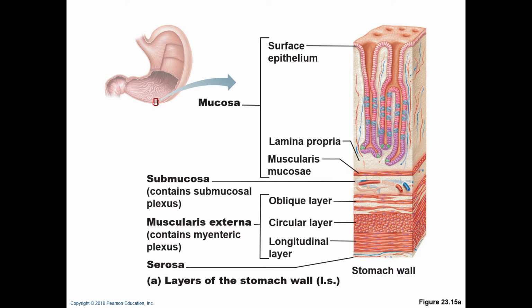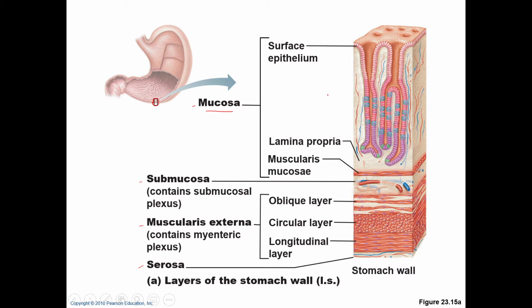So if you take a small part of the mucosa, the innermost lining of the stomach, and see under microscope, you will see that this is the mucosa, innermost layer. You know that in the wall of the GI tract there are 4 layers from inside to outside. Innermost layer is called the mucosa, then submucosa, muscularis externa, and serosa.